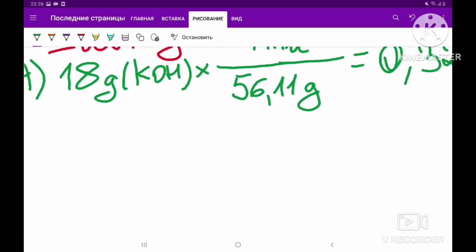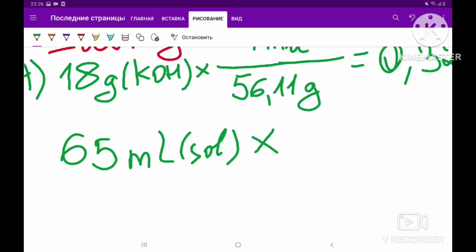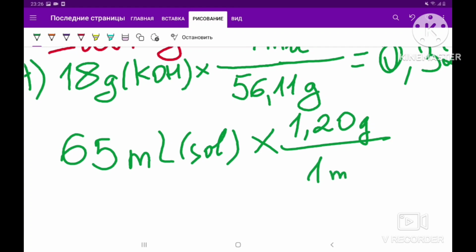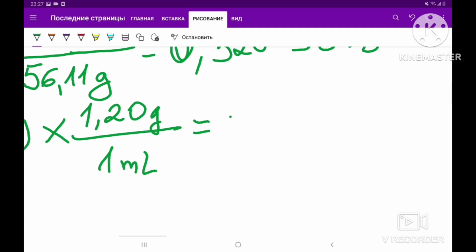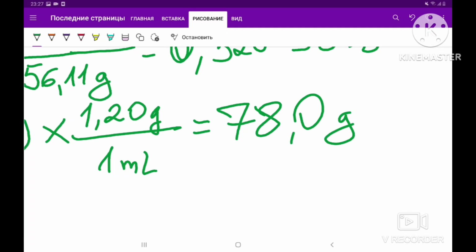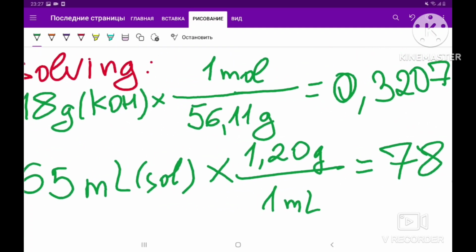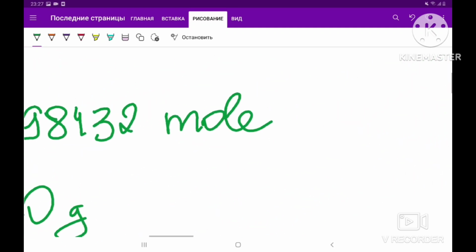So 65 milliliters of the solution is multiplied by its density, 1.20 gram in 1 milliliter, and the answer will be... After that, we say that this number of moles of potassium hydroxide was in 100 gram of solution. Mole in 100 gram of solution, right?